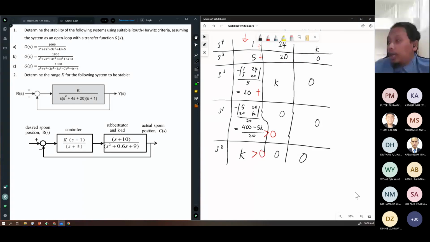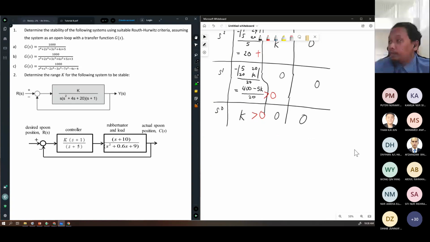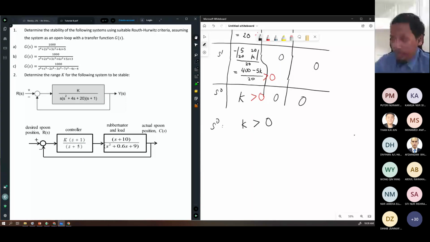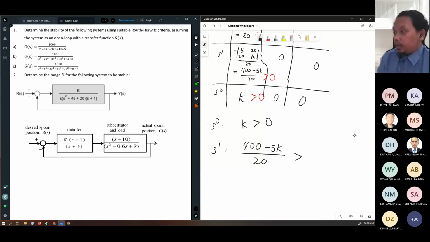So let's analyze the range for K. If you look at row S0, then K must be bigger than 0 for a stable system, for this column to have all positive values. Now let's look at row S1. This value also must be bigger than 0.